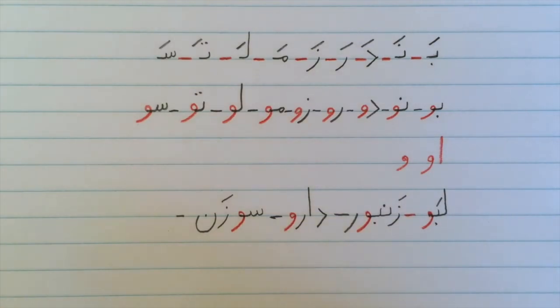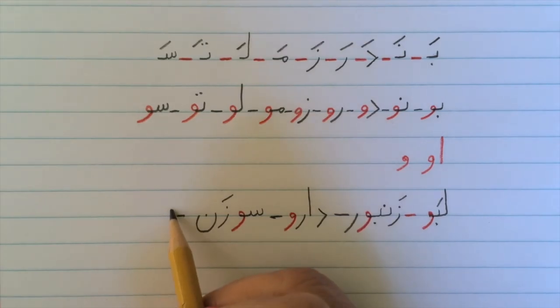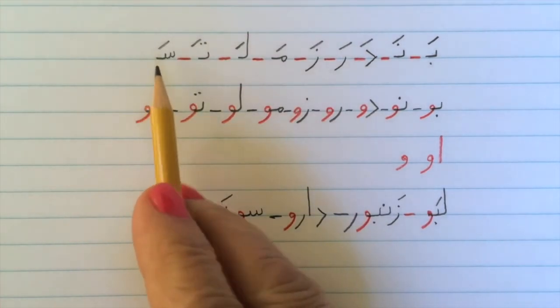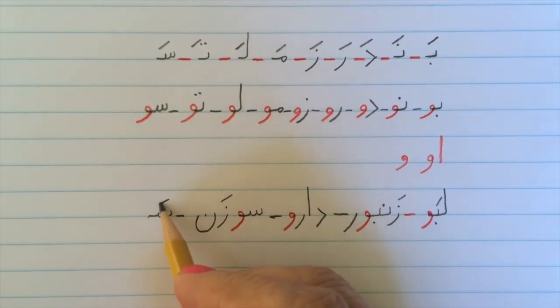I'm going to write another word that I think you'll know. I want to write samanu. You've probably had samanu, which is part of the haftzin table. Let's break it down. Sa-ma-nu has three syllables. The first syllable is sa. How to write sa? Here we have sa. It's s and a.